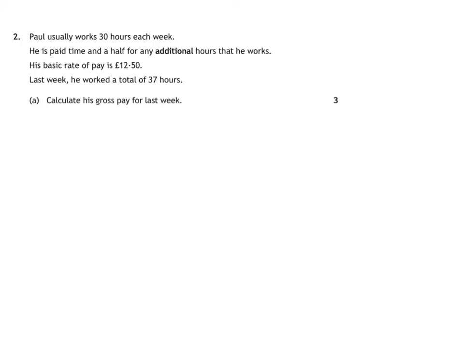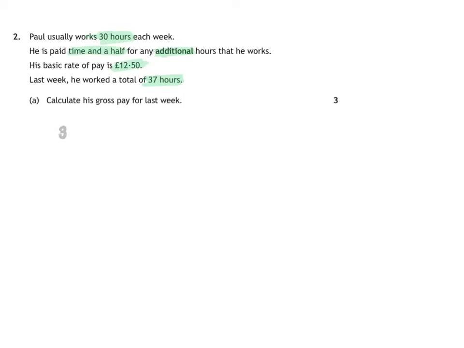So options of what we've got. The information that we need is the fact that it's usually 30 hours, but we've actually got 37. It is time and a half for any additional hours, and the basic rate of pay is £12.50. So we can work out the basic pay.